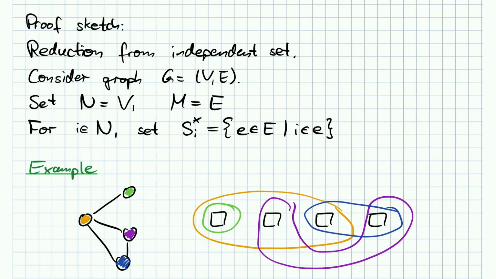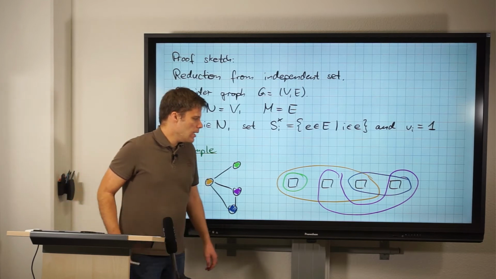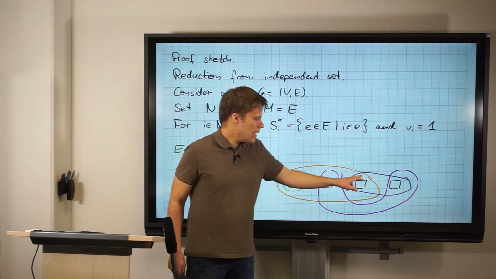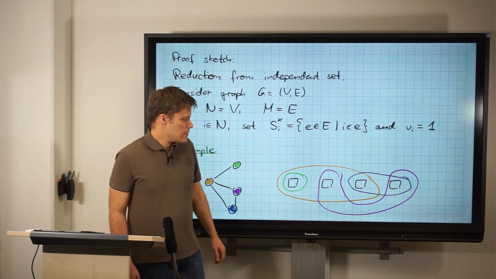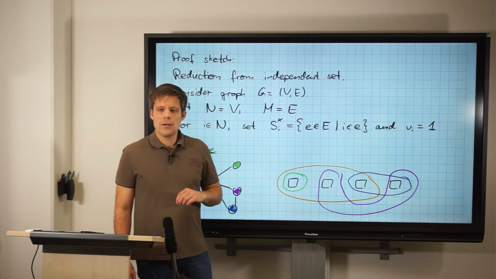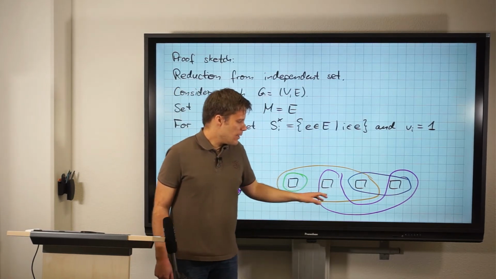Something I forgot to mention earlier: we set the value for winning all of the items to 1. Now what you can see is that if you find an allocation which maximizes social welfare, what you maximize is just the number of bidders that you make happy, who get at least their sets of items.